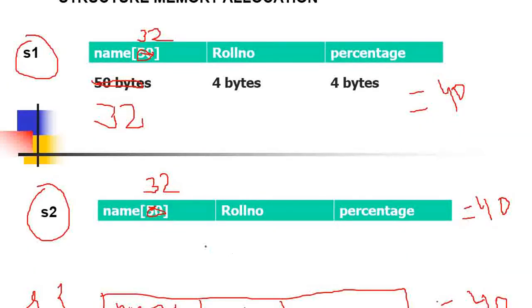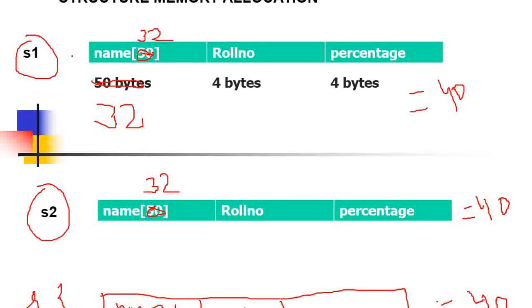What I am trying to say is, whenever we declare a structure variable, only then does memory allocation take place. When we define a structure, no memory allocation takes place in the program. So when we have defined s1 and s2, both are different memory locations.